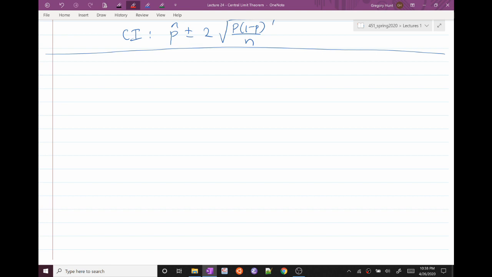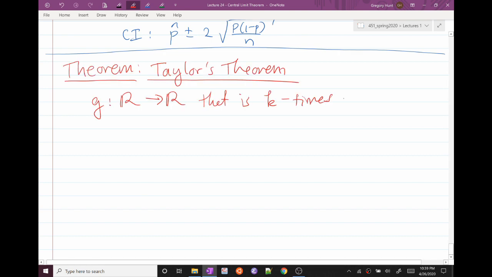And Taylor's theorem says that if I have some real valued function g, from R to R, that is k times differentiable, then the kth order Taylor approximation, Taylor polynomial, about some number a, we define this thing, let's say T for Taylor, k for the kth order, at x.